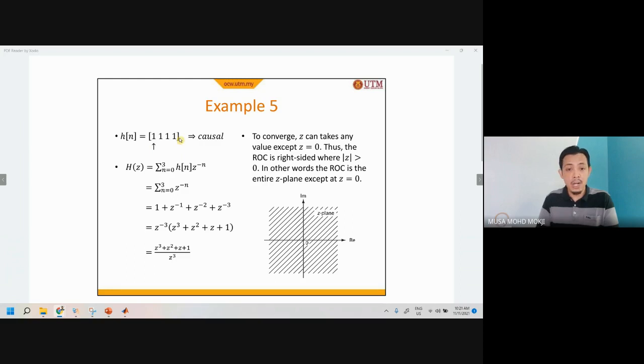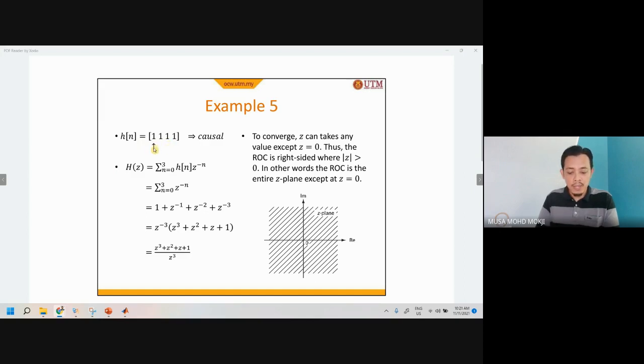If you cannot count, if you count and it goes to infinity, then that one is infinite length. So finite impulse response and infinite impulse response are actually referring to the length of the sequence. Previously we have seen three examples on IIR, so let's see one example on FIR.